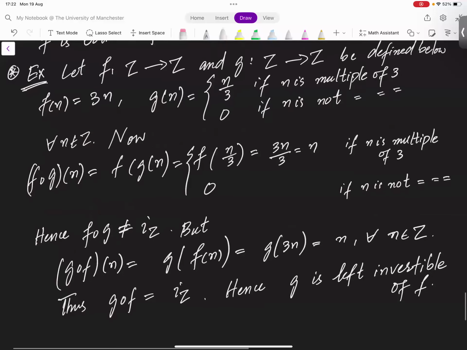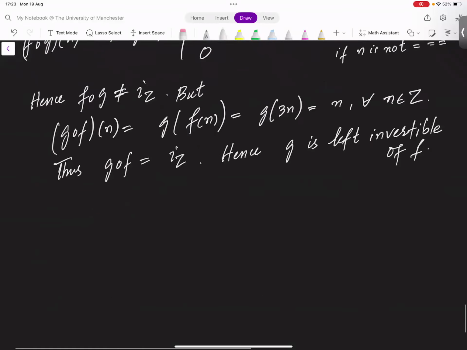Now, to determine which functions are left invertible, right invertible or both invertible, we have the following theorem.